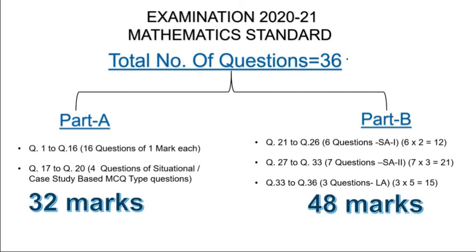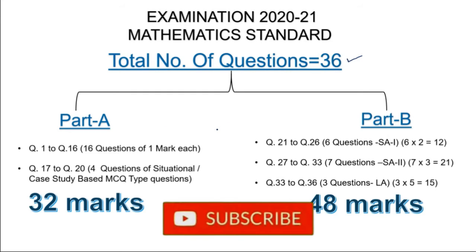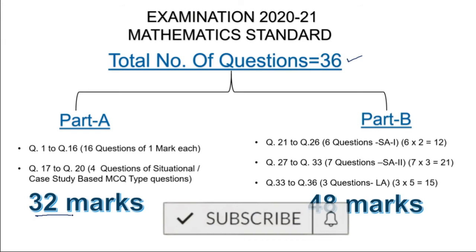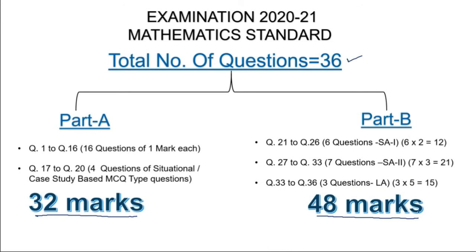In total there will be 36 questions, divided into two parts, part A and part B. Part A has 32 marks and part B has 48 marks. These 32 marks are divided as 16 plus 16.